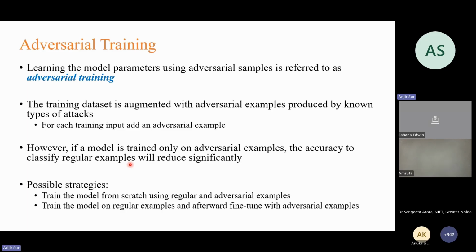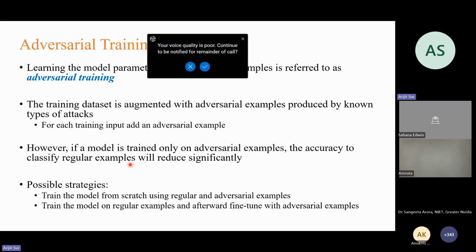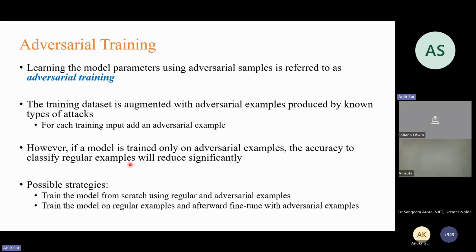Now, what happens if you put in only adversarial examples? The accuracy of normal classification is reduced significantly. So the strategy generally used is to train the model from scratch with a mixture. It's a kind of vaccination. The basic idea is that we put in a small dose of infection that does not harm us, but our immune system learns how to prevent it. Here it is something similar.